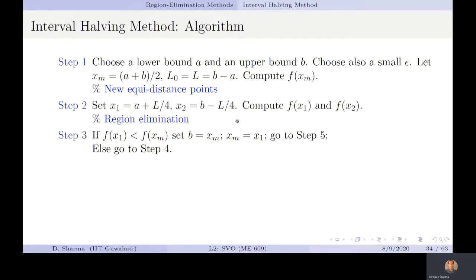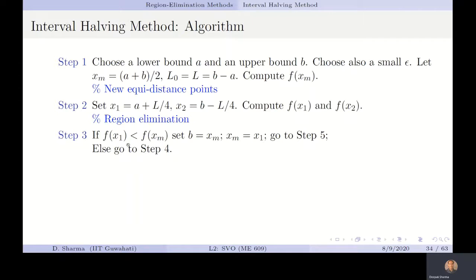Then we have to see which region we can eliminate. In step 3, we check the first condition: if the function value at x1 is smaller than at xm, then with the rule of region elimination, we know that the minima will never be lying from xm to b. Therefore, we update b as xm, xm as x1, and we go to step 5.